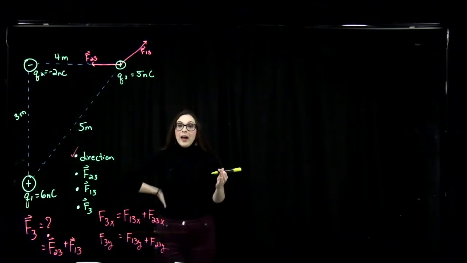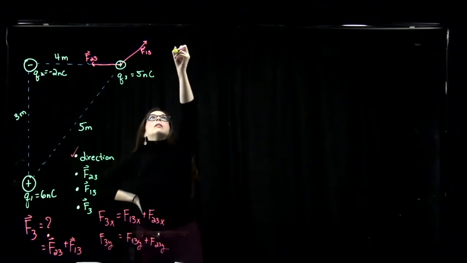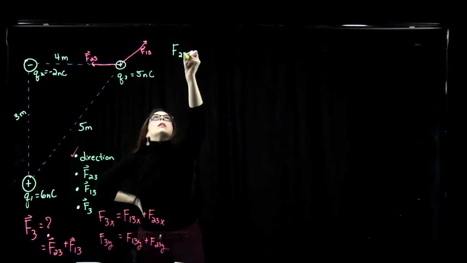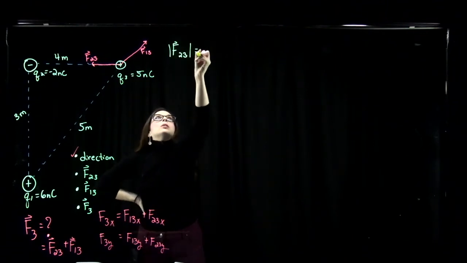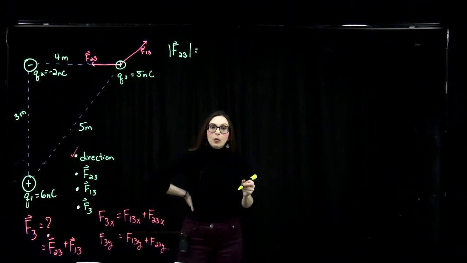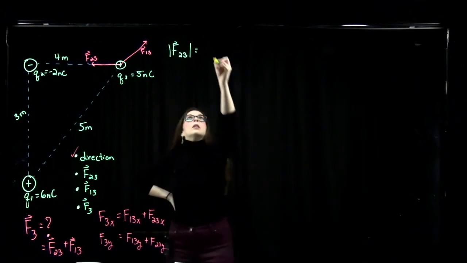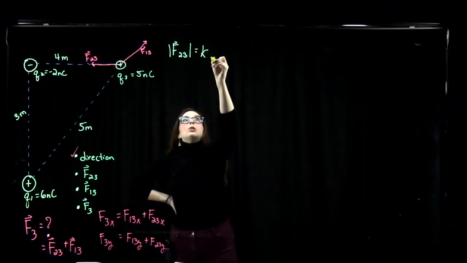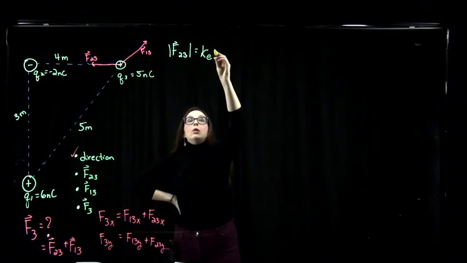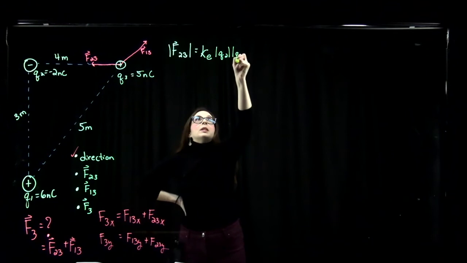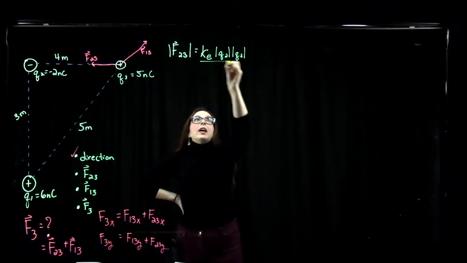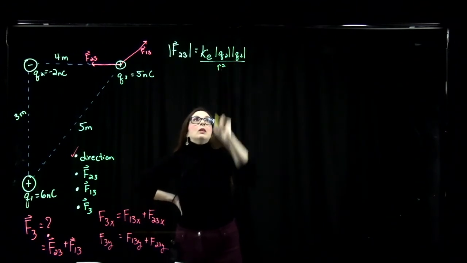In order to get the magnitude of F23, we use our equation for the Coulomb force, the electric force between Q2 and Q3. So we've got our Coulomb constant times the absolute value of Q2 times the absolute value of Q3 divided by the distance between them squared.